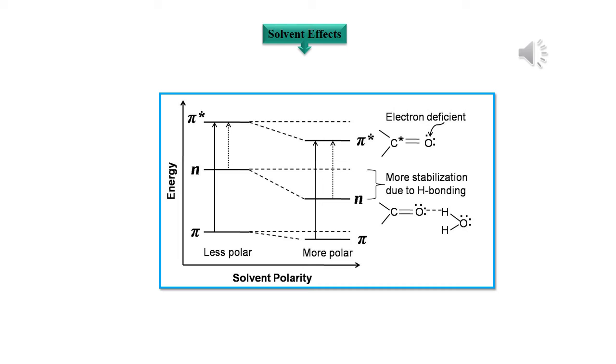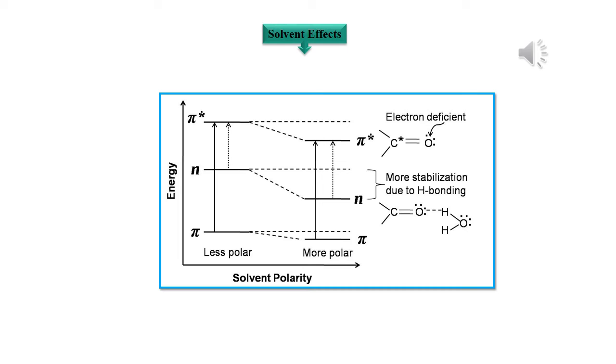Now we'll see the important practical part when you choose a solvent for UV visible analysis. When you use less polar solvents, the transition will require higher energy. You can see energy level and solvent polarity on the x-axis and y-axis, and the transition of pi electrons and n electrons from ground state to excited state.